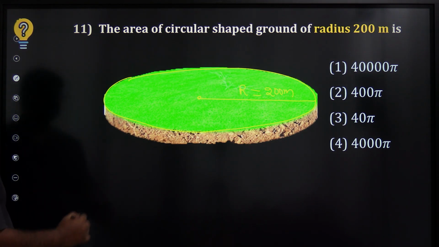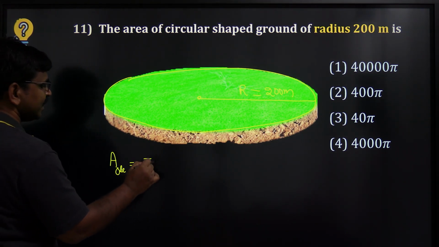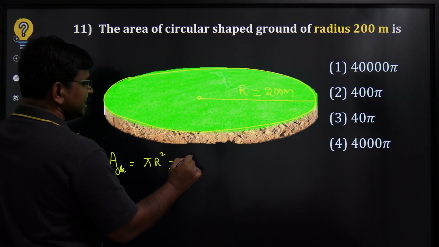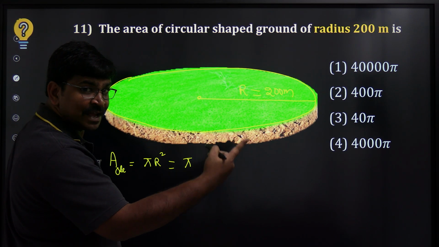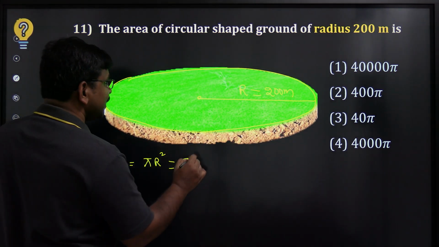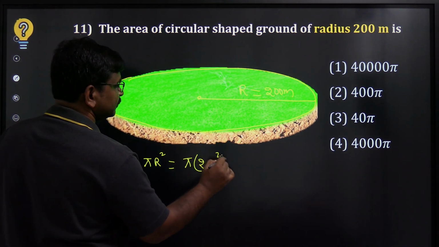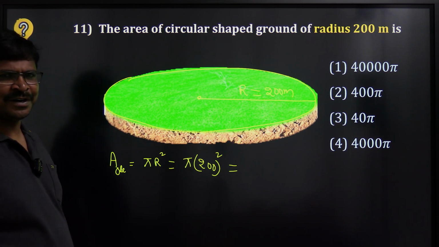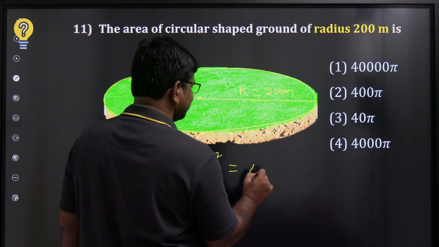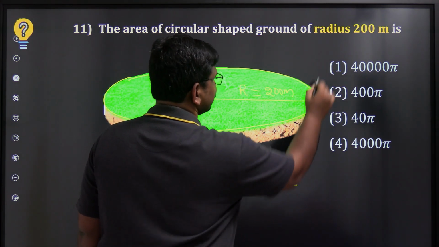And we know that area of the circle is pi r square. So what is pi value? In options, pi is kept as it is. So we don't disturb this. We don't write 22/7. So pi r square, 200 whole square. How much do you get? 200, 2 square 4, 0000. So 40,000 pi is the answer. The first option is.